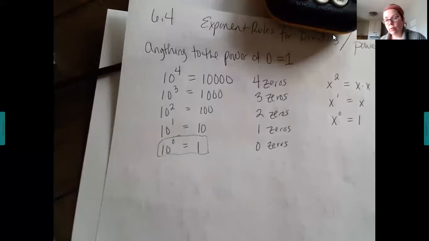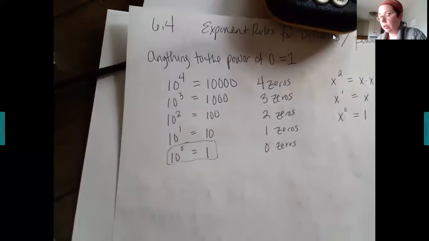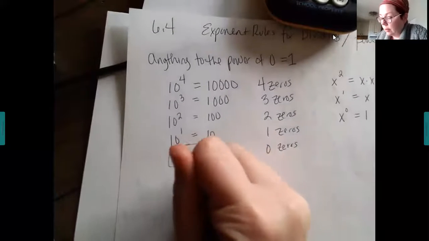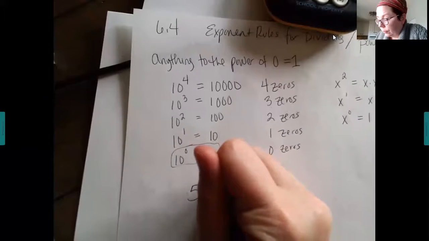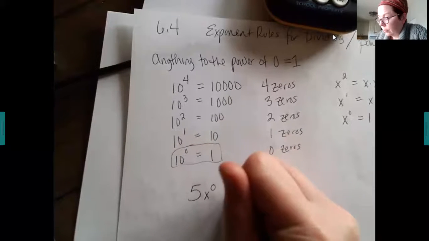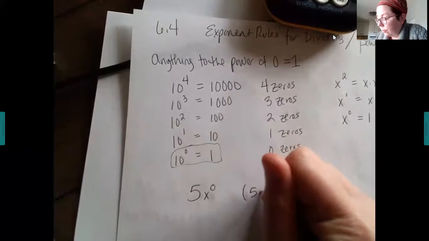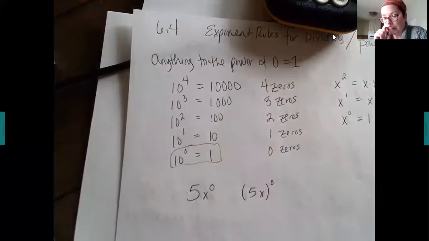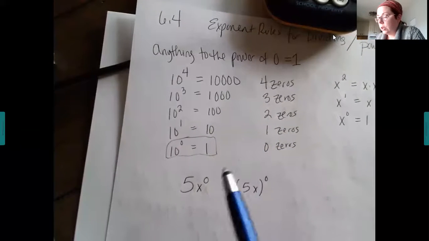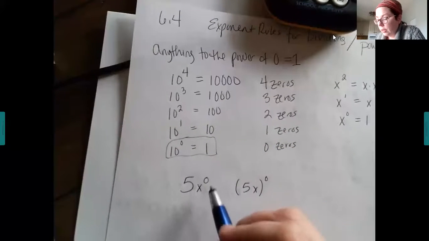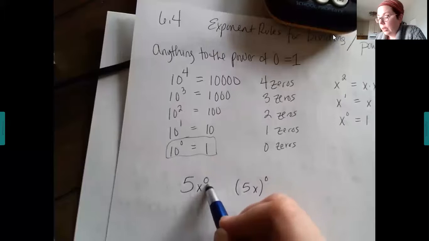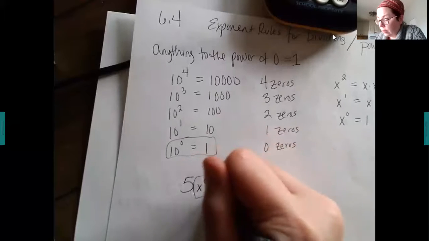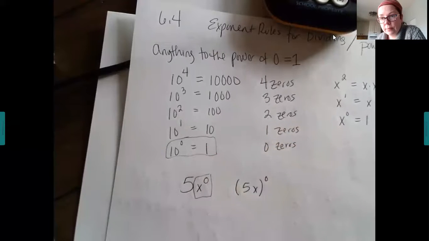And what you want to be careful about is how that exponent is on the variable. There's a big difference between this and this. Exponent-wise, this one is only on this x.